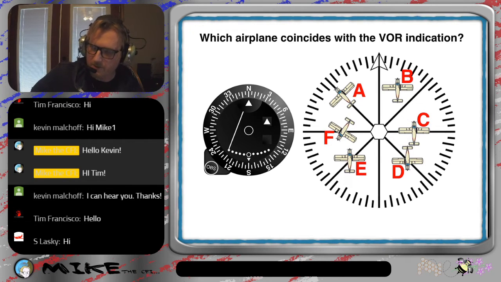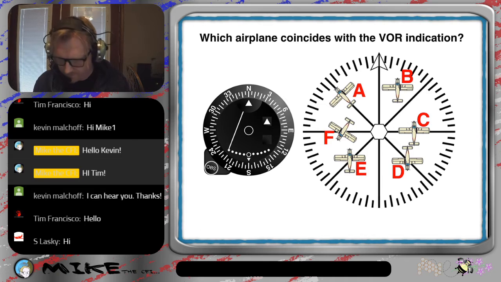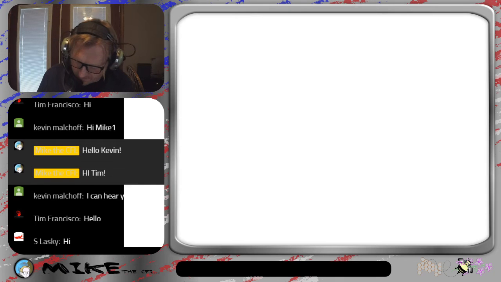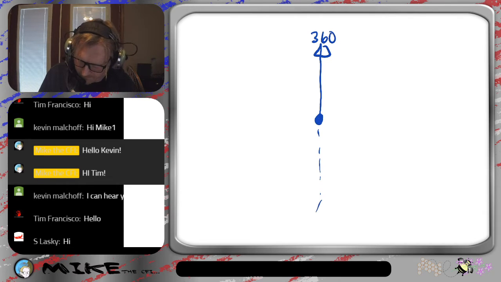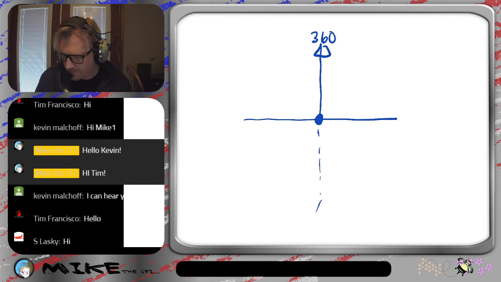So what I recommend doing is to go to your note paper, and you're going to want to draw out the VOR, draw out your 360, draw the reciprocal and the perpendicular point.